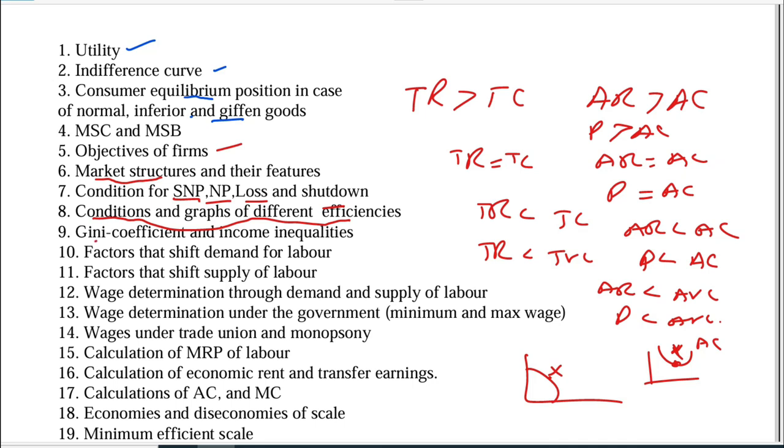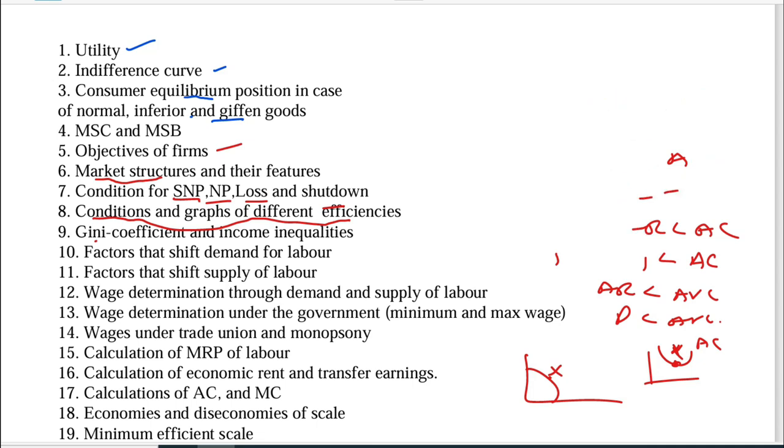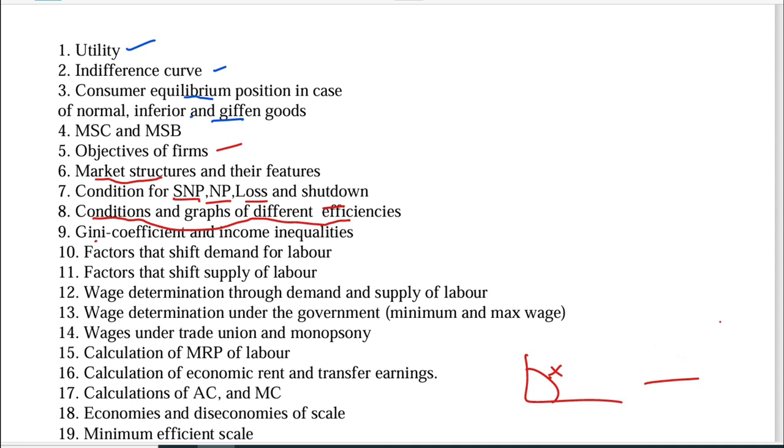Gini coefficient is another important concept that you must know, and it is tested in the P3 exam, and this is really important. Gini coefficient is the measure of inequalities between the rich and poor. When the rich earn more than the poor, and the poor earn very little, then the Gini coefficient will be bigger.